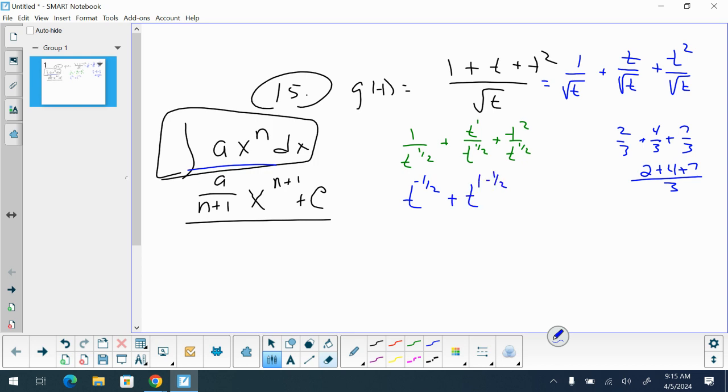This would be t to the 1 minus 1/2 plus t to the 2 minus 1/2, or 1/2. So we subtract our exponents. So we have t to the negative 1/2. This gives me plus t to the 1/2 plus t to 2 minus 1/2 will give me 3/2.